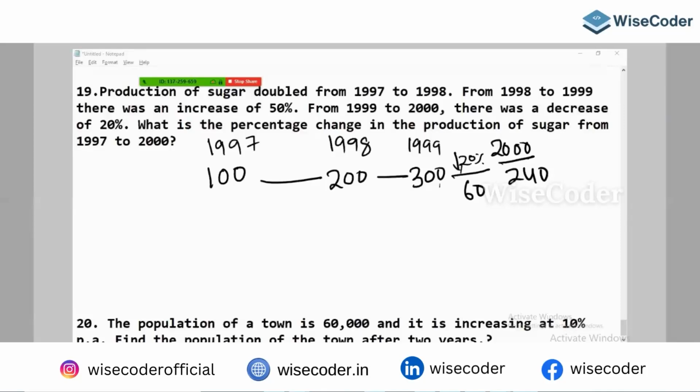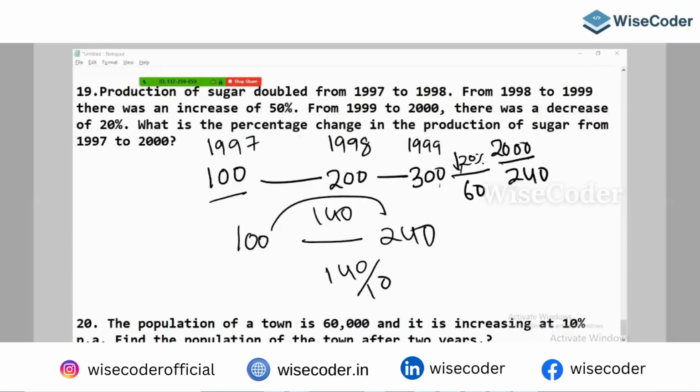He's asking for the percentage change in production from 1997 to 2000. 100 became 240, so the increase is 140. 140 over 100 into 100, so the percentage change is 140%.